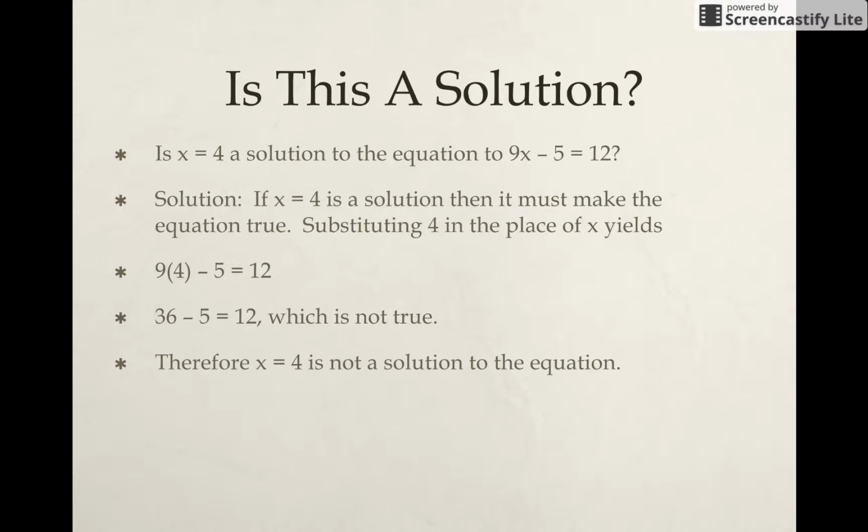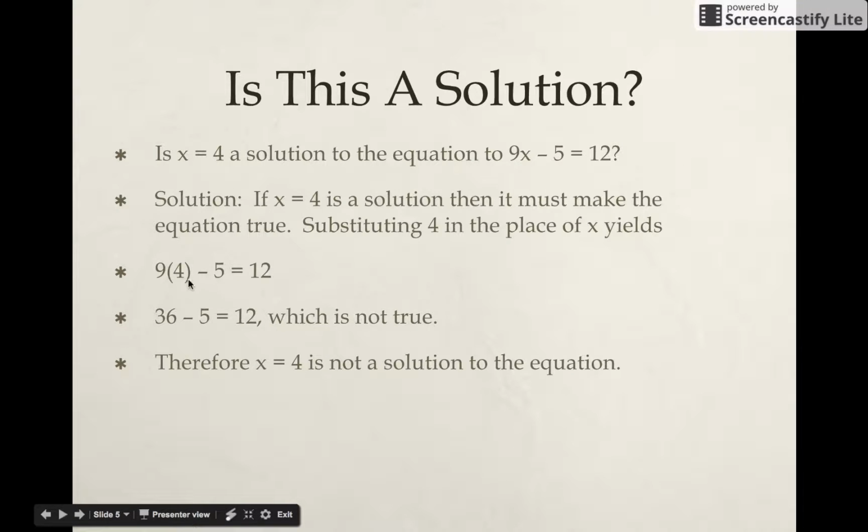Let's see if we can determine whether we're looking at a solution or not. Is x equals 4 a solution to the equation 9x minus 5 equals 12? Well, again, like we've said, if it is, then when we substitute the value of 4 in for x, we should get a true statement. If we get a false statement, then we'll conclude it's not a solution.